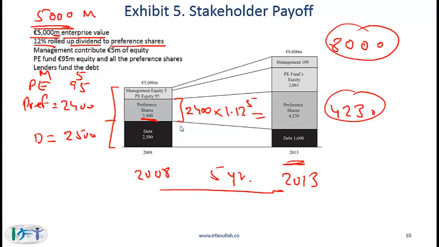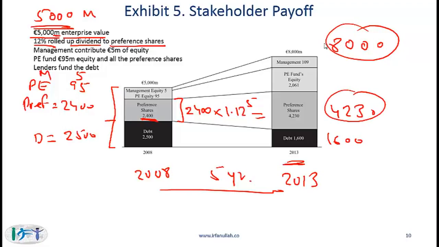We don't need to go into the details, but the case tells us that the value of debt comes down from 2,500 to 1,600 because over the years cash is generated, and that cash is being used among other things to pay off the debt.